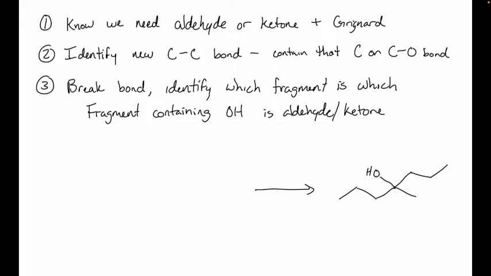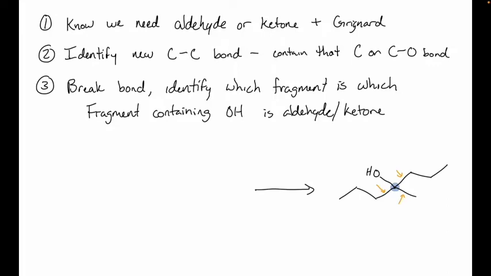The only thing that I know for certain is that this carbon right here, the one at the base of that carbon-oxygen bond, that new bond is going to be with that carbon. So my three possibilities would be this one, or that one.